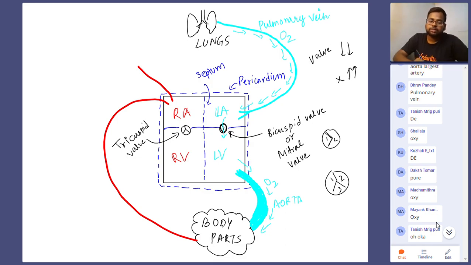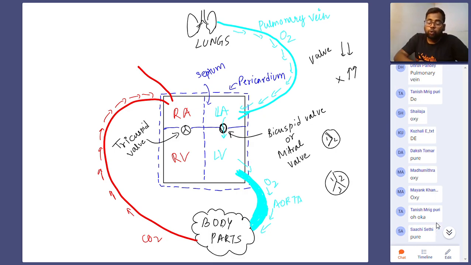Please concentrate everyone. The deoxygenated blood, carbon dioxide rich blood, will come back to the right atrium. Who is going to carry it? Vena cava. I told you there are two kinds of vena cava.